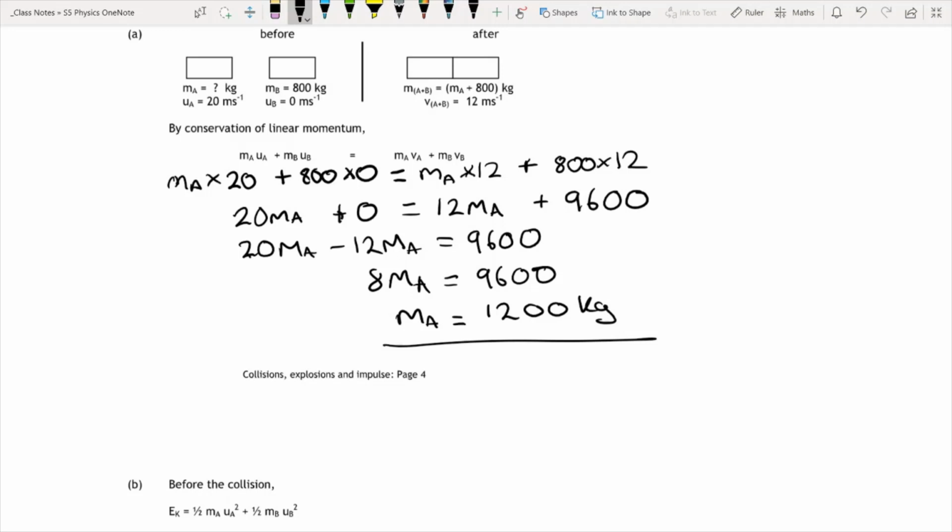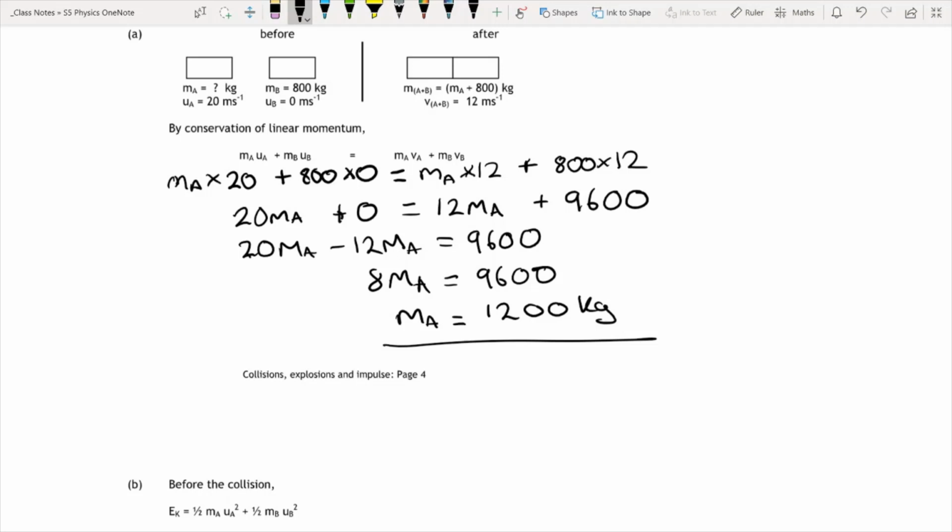Okay? So it starts off looking complicated, but once you put all those numbers in, it does simplify out quite a lot. But make sure you do your exam technique, so you put your equation, you write in your numbers, then you start trying to rearrange it.